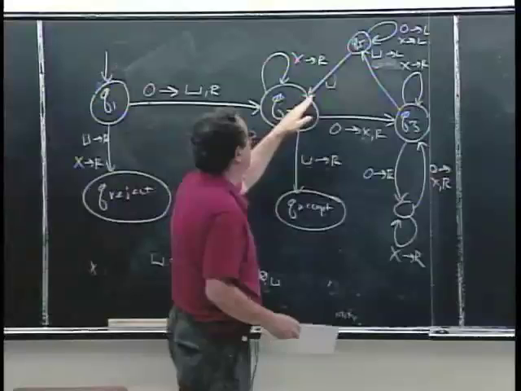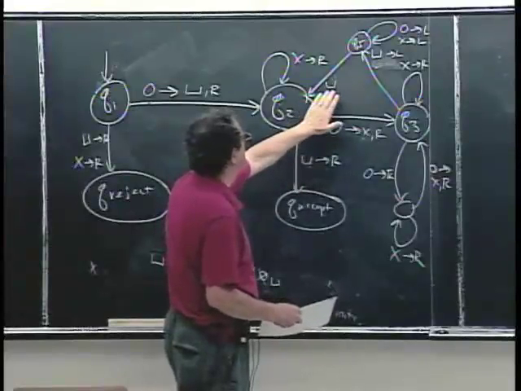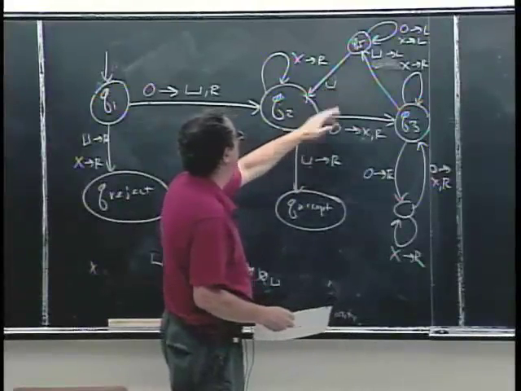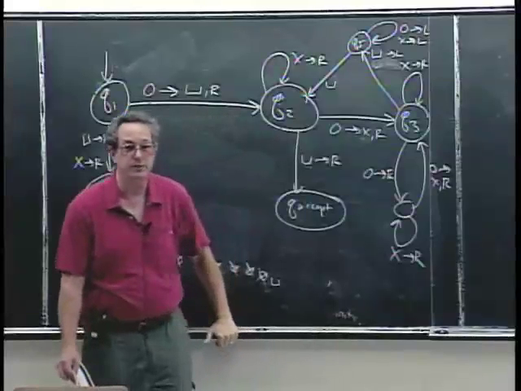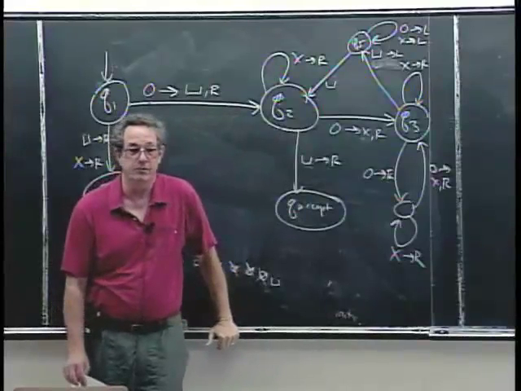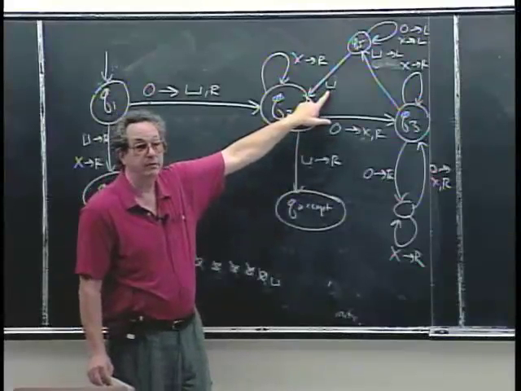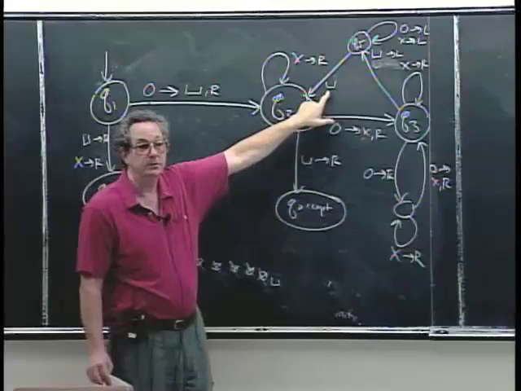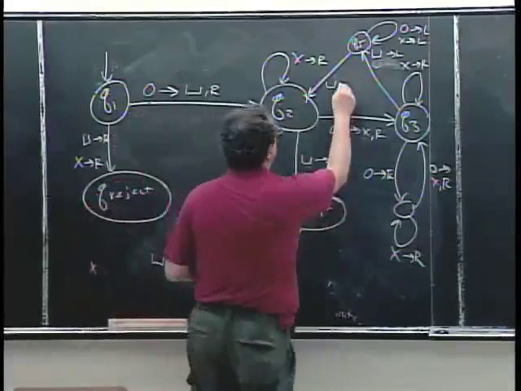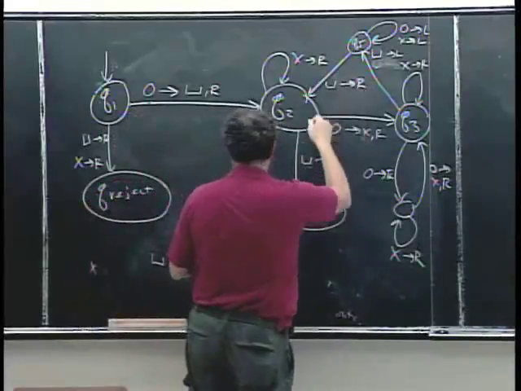So here we go. We're seeing a blank, and where should the read head move now? So when we see a blank at the left end, where does the read head go? It goes right. Okay? So that's that part.